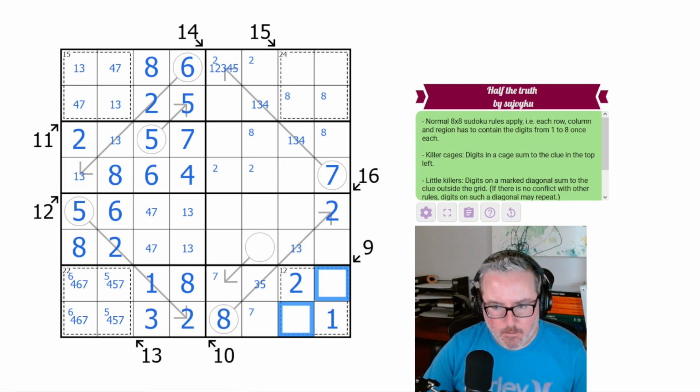So this is either a 3-6 or a 5-4. This can't be 3, so this can't be 6. Hoping that would have given us something here, but I don't know that it does. It would be nice to be able to prove this is a 7, because that would set everything else off. But I don't think we can.